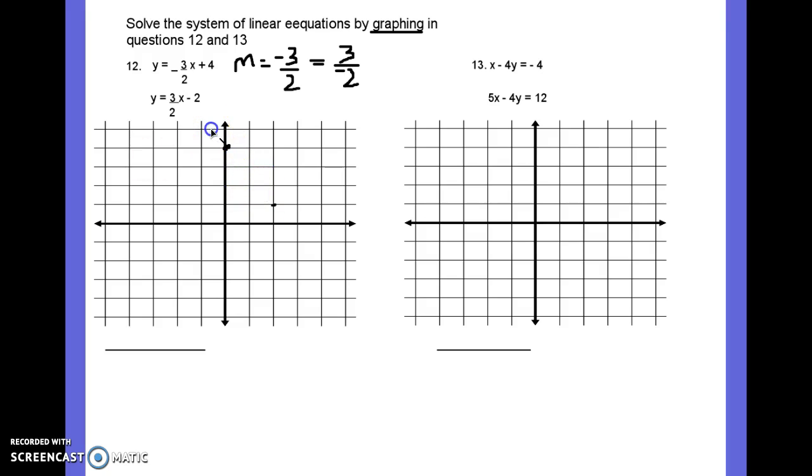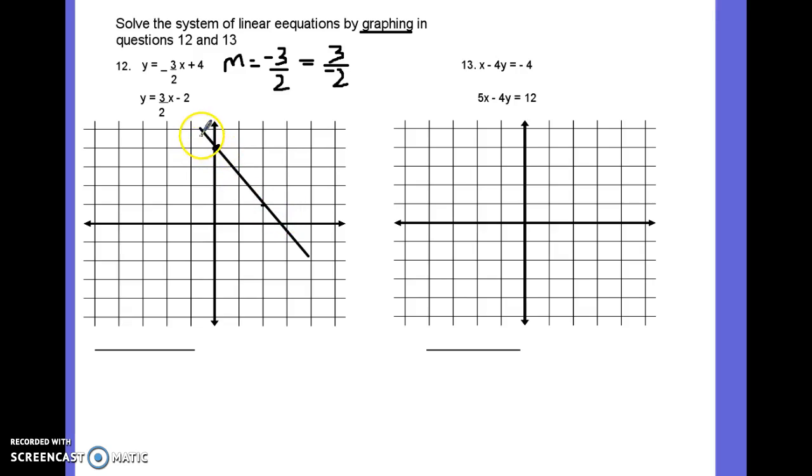I'm going to draw it like this. So that's my line. Let me go ahead and just put the arrow to show that it continues. That's the first one.